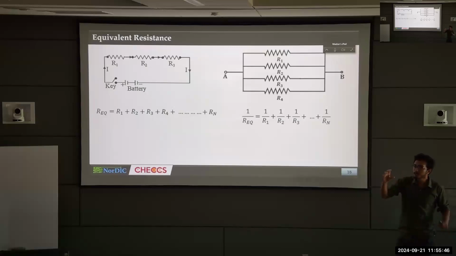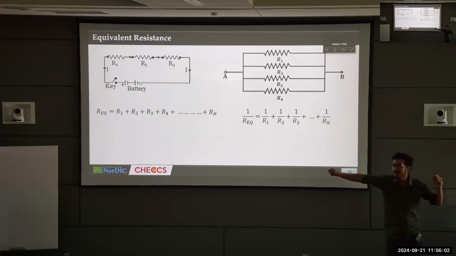Now, if you decrease the thickness of the wire, you increase the resistance. Now, let me ask you something. If I just increase the length of the wire, not touching the thickness at all, what will happen?